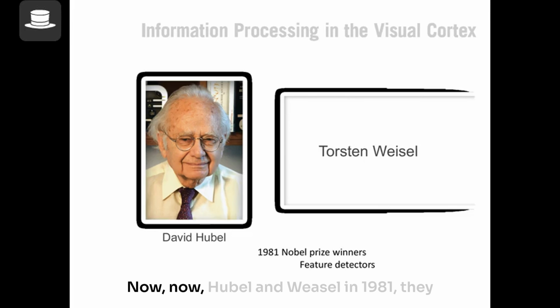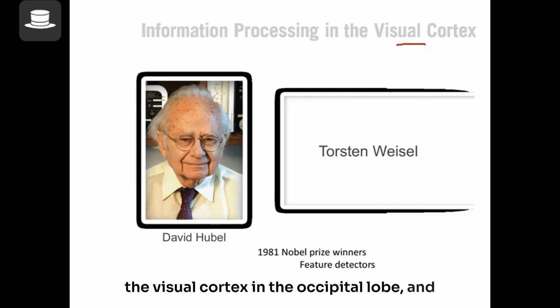Hubel and Wiesel received the Nobel Prize in 1981 for their discovery of specialized cells in the visual cortex of the occipital lobe, which they called feature detectors. We'll talk about these feature detectors in the next slide.